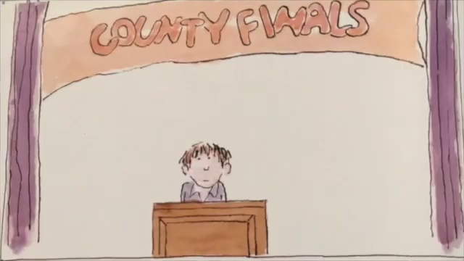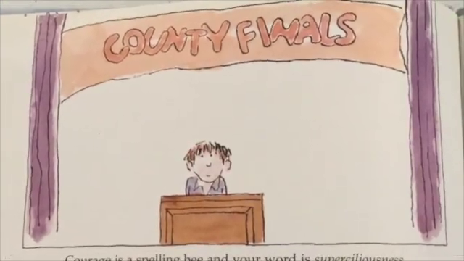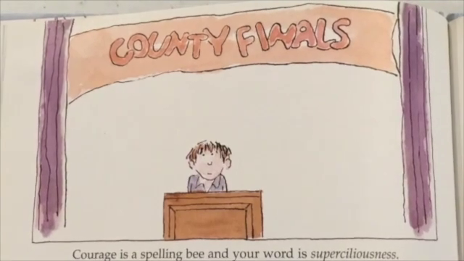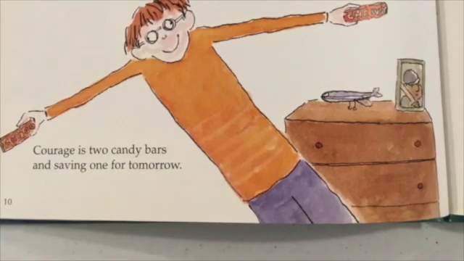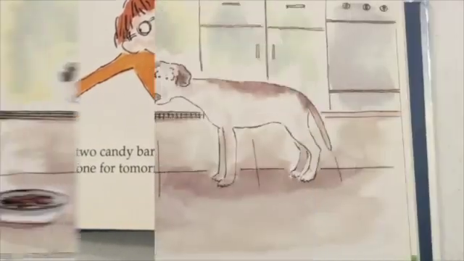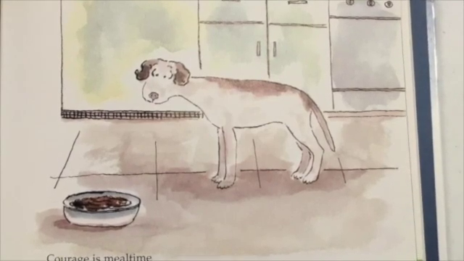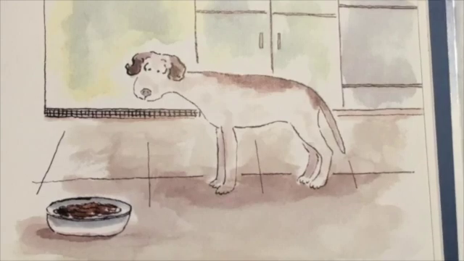Wheels. Courage is a spelling bee, and your word is superciliousness. Courage is two candy bars saving one for tomorrow. Courage is mealtime and desperately hoping it's not chunky chunks in real gravy again.